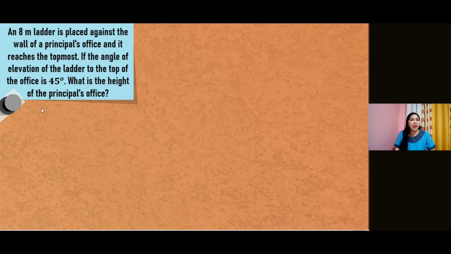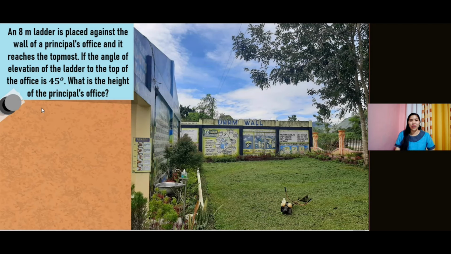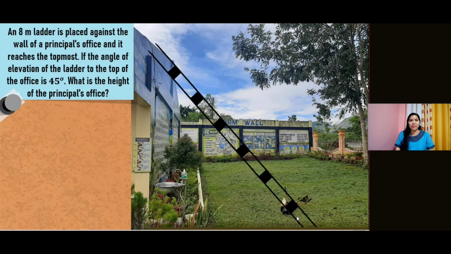Now, in our problem, we have our principal's office and we have also a ladder. Suppose that this is your principal's office. And accordingly, there is a ladder that is placed against the wall. Now take note, your ladder reaches the topmost part. So suppose that you have here your ladder.